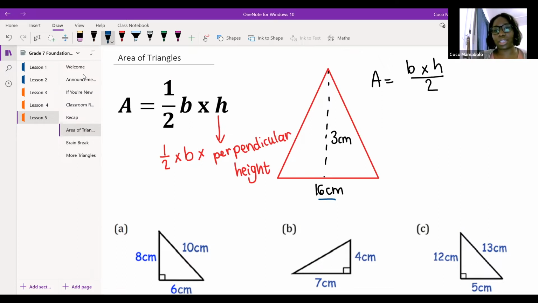We're going to go 16 times 3 divided by 2, because you guys divide by 2, yes? Yes, ma'am. And then if I take 16 times 3, how much am I going to get? 16 times 3.